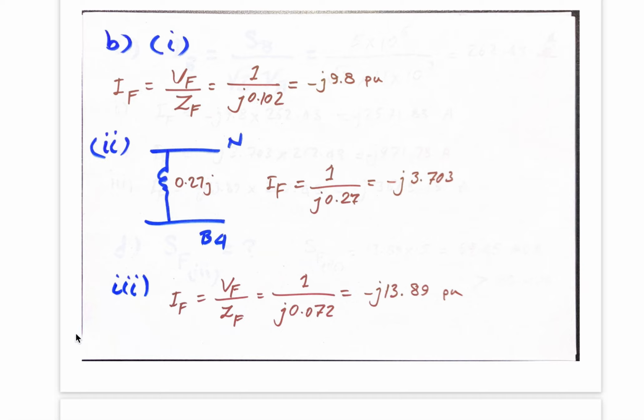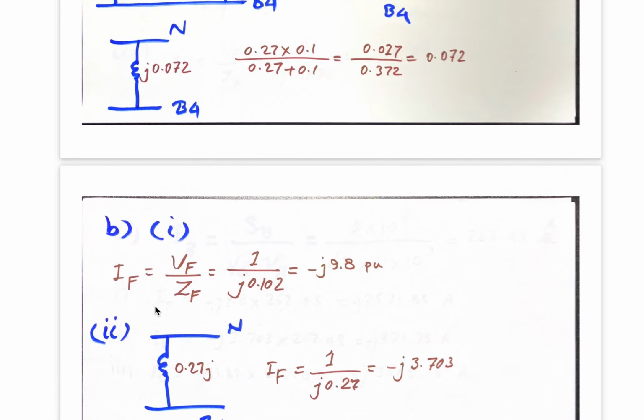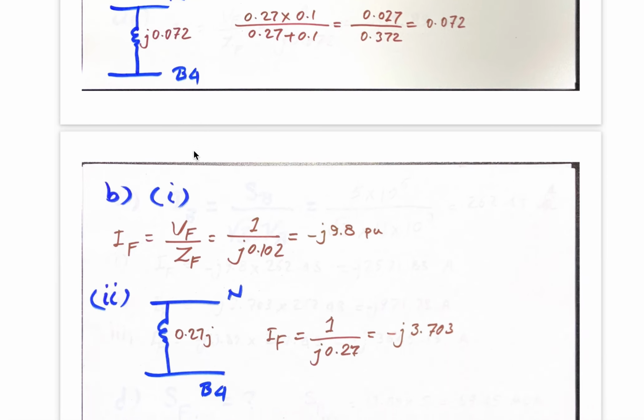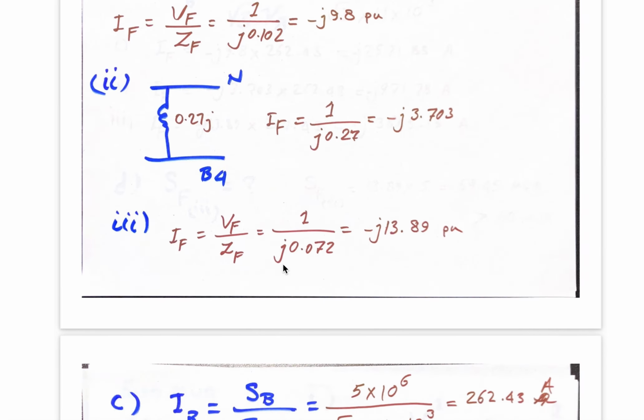And finally, in III, this system should be analyzed as a complete system. So all circuit breakers are closed. So we need to take this one, because this impedance was the equivalent reactance of the whole system, j0.072. So j0.072, and you get 13.89 per unit.